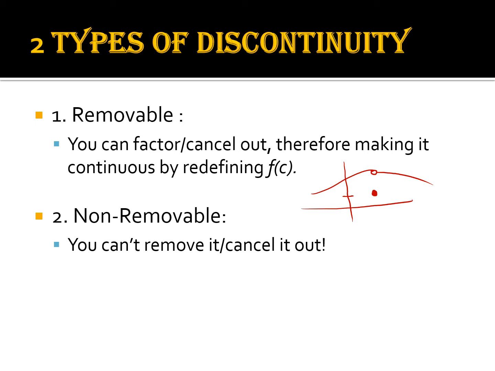Non-removable discontinuities are subdivided into three kinds. Number one, the jump discontinuity. Number two, infinite or unbounded behavior. And number three is oscillating behavior.